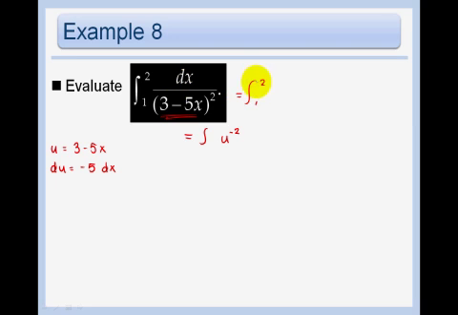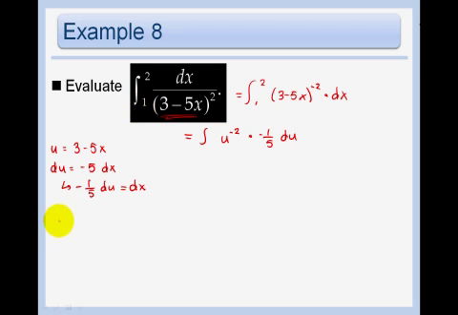If you need to rewrite this for yourself. So I want just dx. I'm going to divide both sides by negative 5. Now what are our bounds?